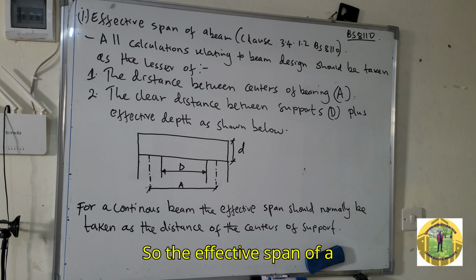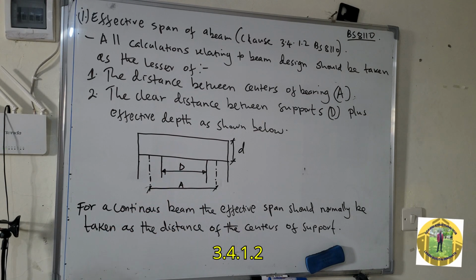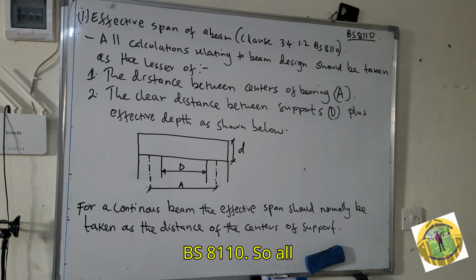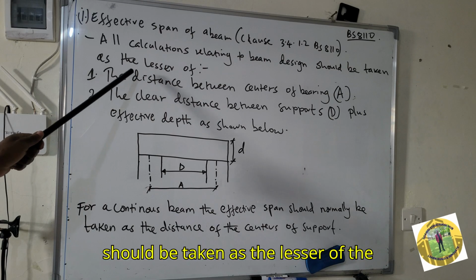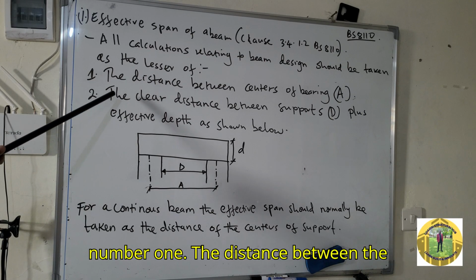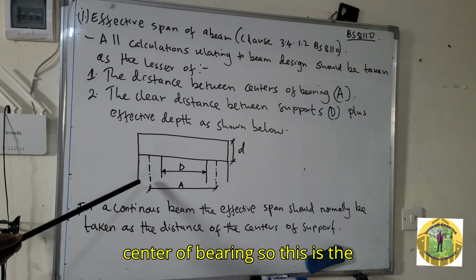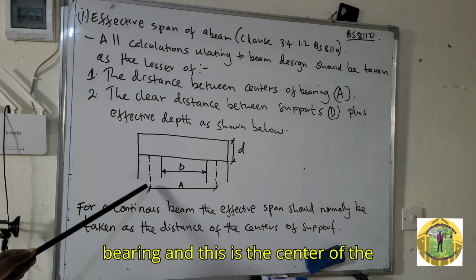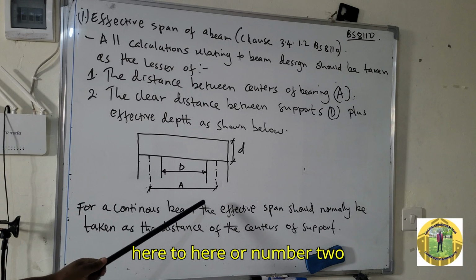So the effective span of a beam, this is clause 3.4.1.2 of BS 8110. All calculations relating to beam design should be taken as the lesser of, number 1, the distance between centers of bearing. So this is the bearing and this is the center of the bearing. This is distance A, from here to here.